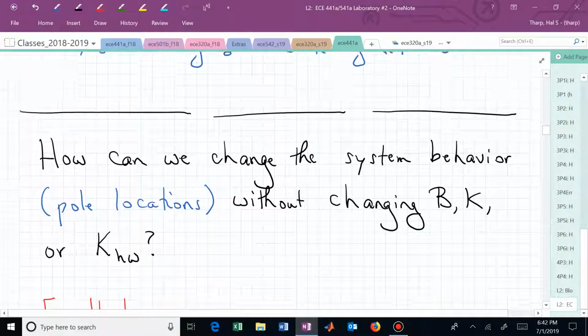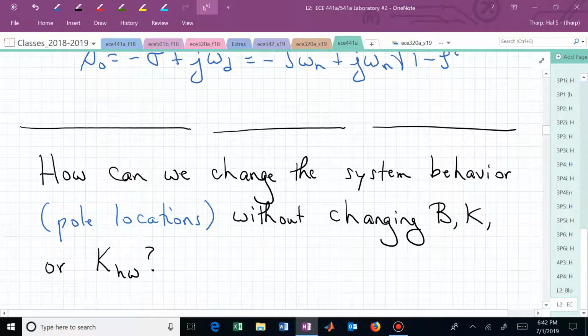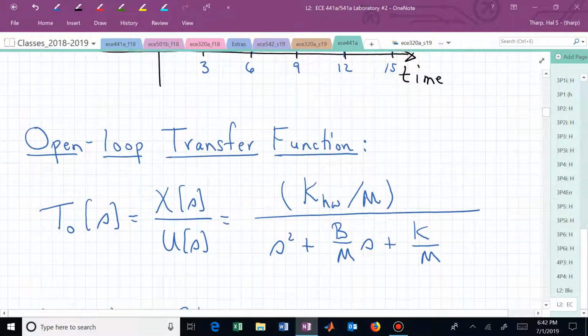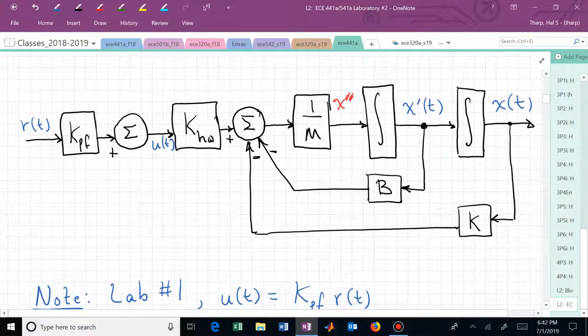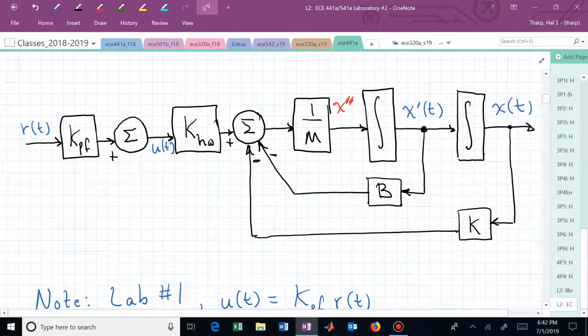What we want to do in this lab is think about how we can change the system behavior or these pole locations without physically changing the dash pot B, the spring constant K, this hardware coefficient K sub HW, or the mass 1 over m. Is there any way that we can adjust the dynamics, change the behavior, by some other means than mechanically changing the physical system parameters?